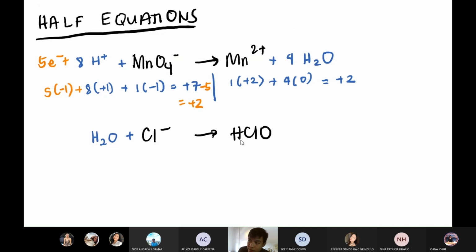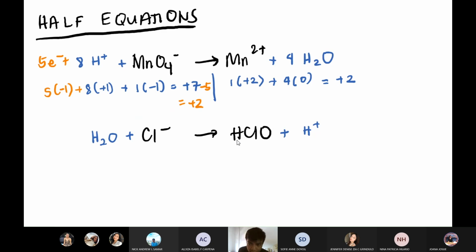Ayan. Okay na yung Cl, okay na yung oxygen. Ano susunod na problema? Hydrogen. Yun naman yung last one na rin, kaya okay lang. Okay? So, on the left side, you have 2 hydrogens. On the right side, you have 1 hydrogen. Ano gagawin ko? I will add hydronium ion on the right side. Isa lang. Why? Kasi dalawa dito, kailangan dalawa din doon.